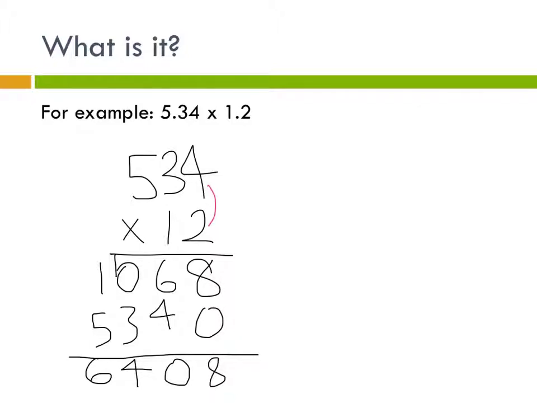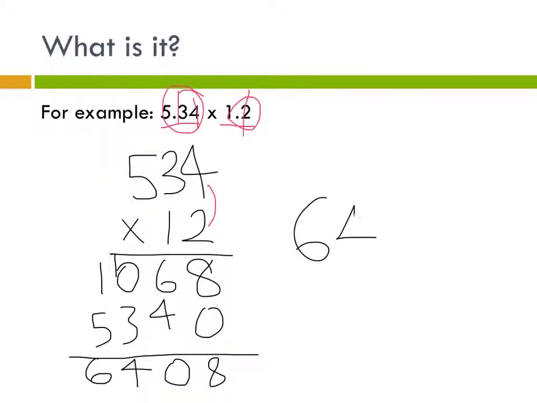Now I know 5.34 times 1.2 isn't 6,000. But I do know that I've just told you that the number of decimal places in the question tells you where to put it in the answer. The second number in my question has one decimal place. There's only one number after the decimal point. The first number in my question has 2 decimal places. It has a 3 and a 4 after the decimal point. So there's 1 in there and 2 in there, which makes 3 altogether.